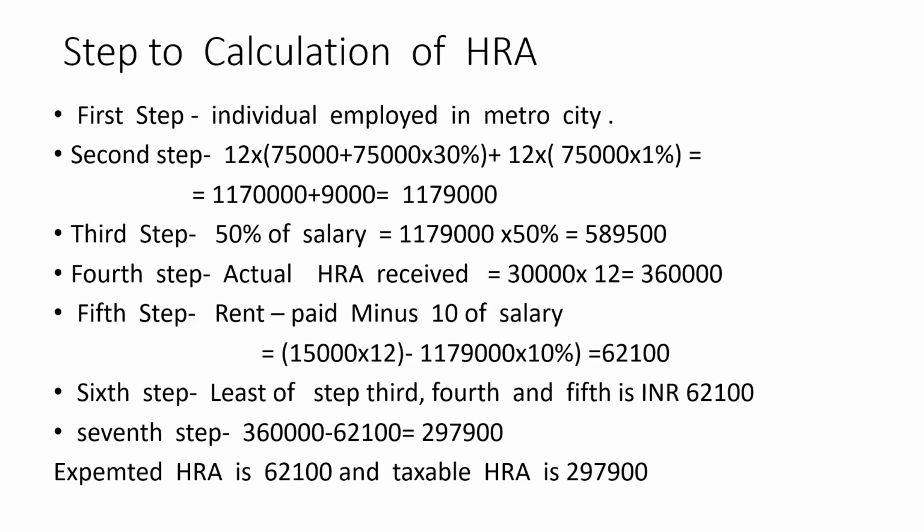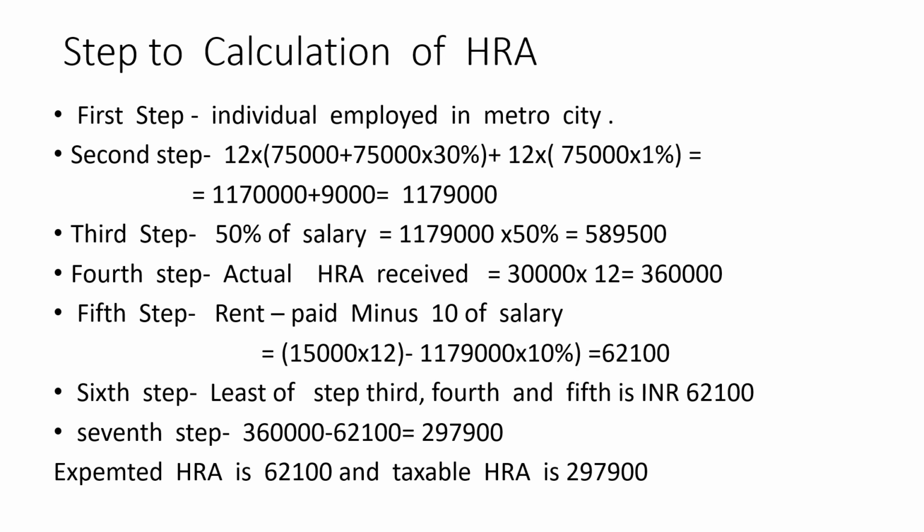First, you have to find in which city he is living, so that we can find whether his HRA will be exempted at 50% or 40% of basic salary. The individual lives in Delhi, which means he is living in a metro city, and on the basis of the metro city, the exemption is 50% of salary. Second step, we have to calculate the total salary according to the HRA calculation.